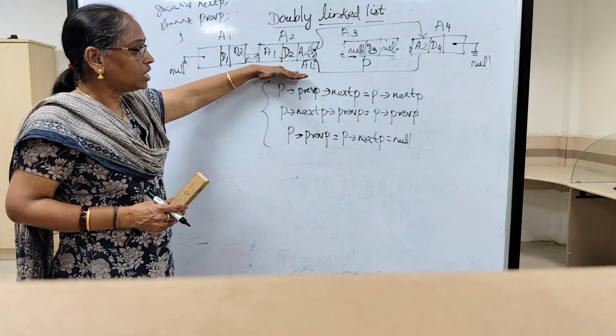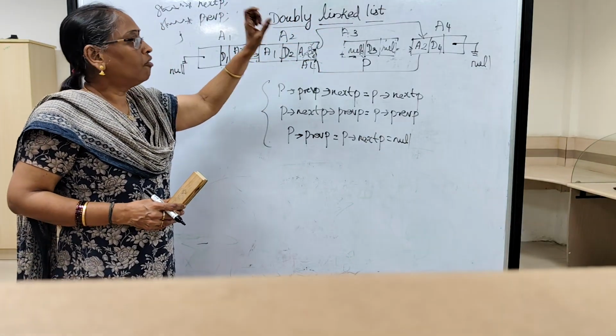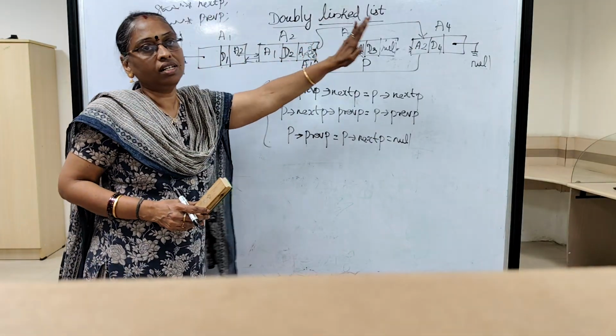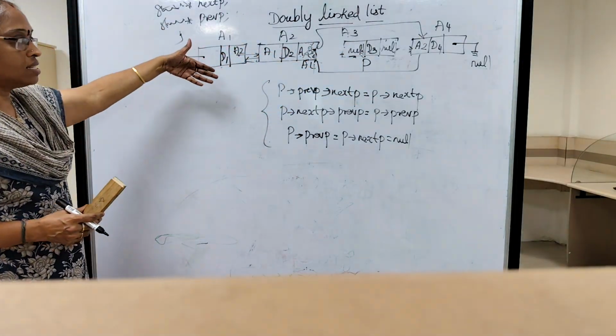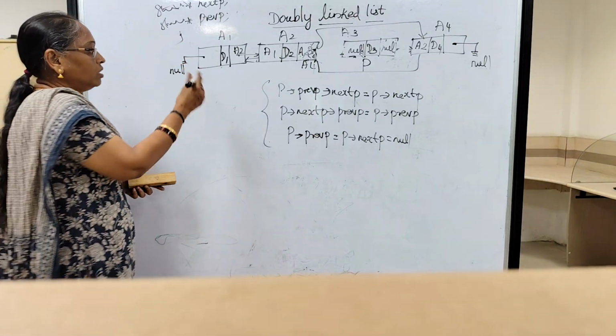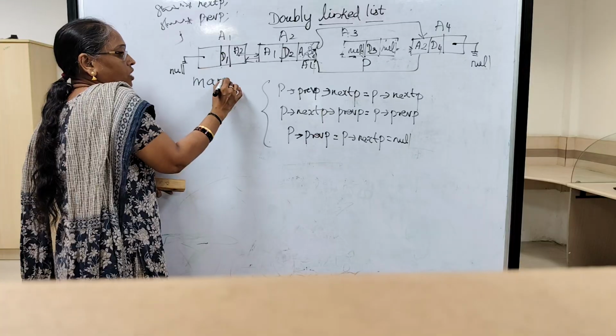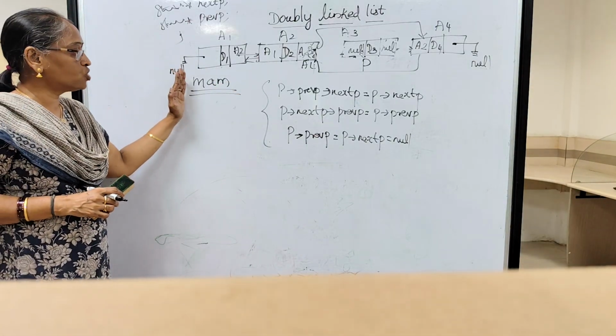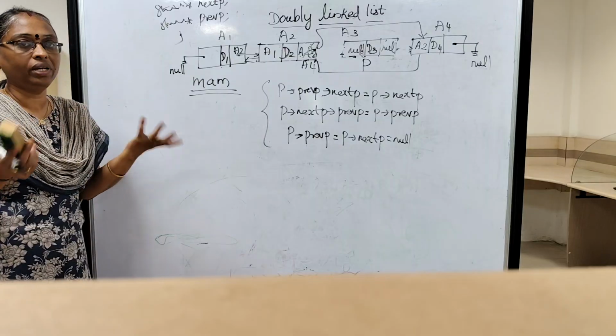So the advantage of using this doubly linked list is, from a particular node I can traverse either in the forward direction as well as in the backward direction. So in which cases can I use this doubly linked list? Simple example, checking palindrome, whether the given string or a number series is a palindrome. That is, when I start from first to last or last to first, both sequences will be the same.